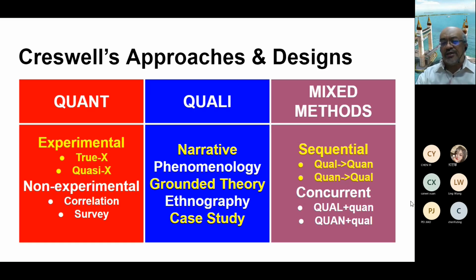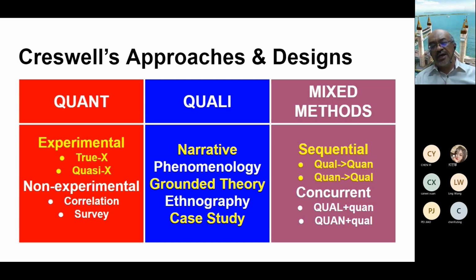Then there is another one, which we call the concurrent. What does concurrent mean? Concurrent means you do it together, simultaneously, at the same time. For example, you do qualitative and quantitative at the same time. But you see the way I wrote the description under the concurrent here.